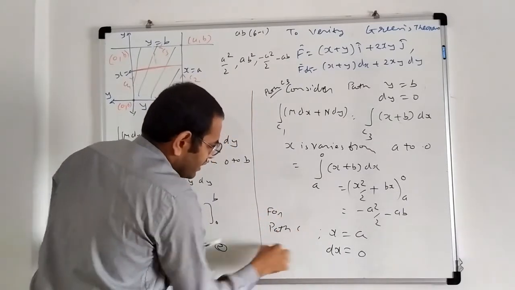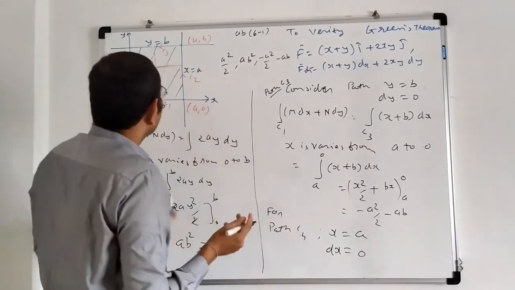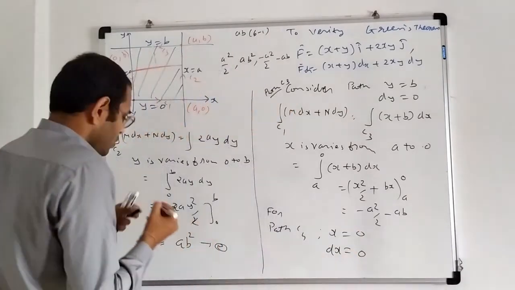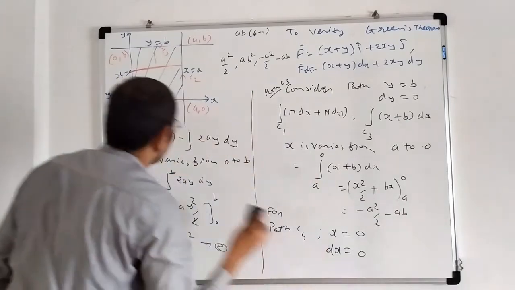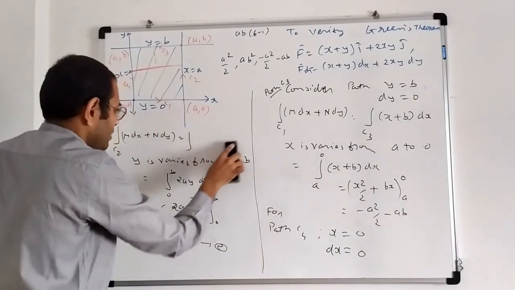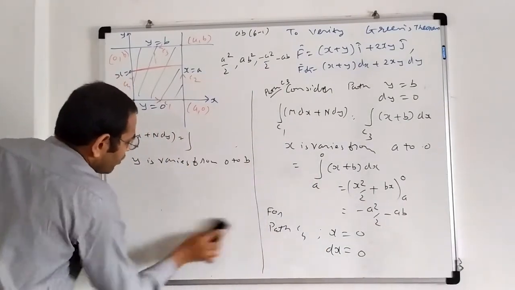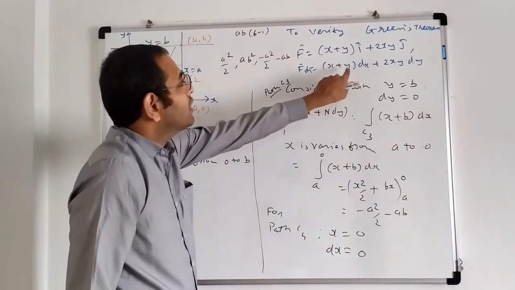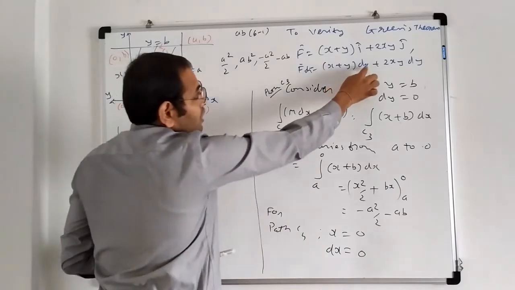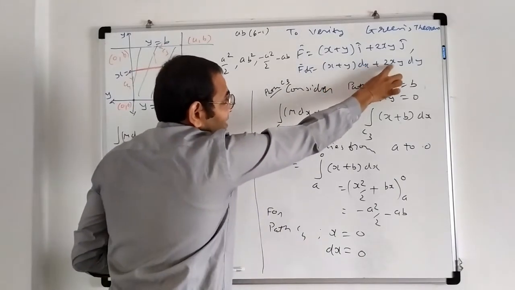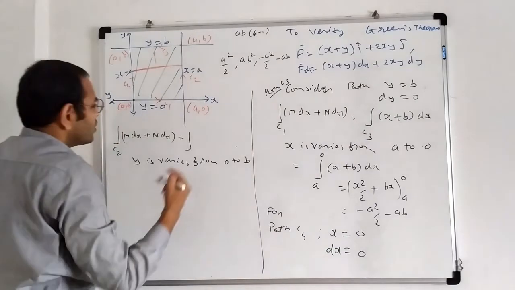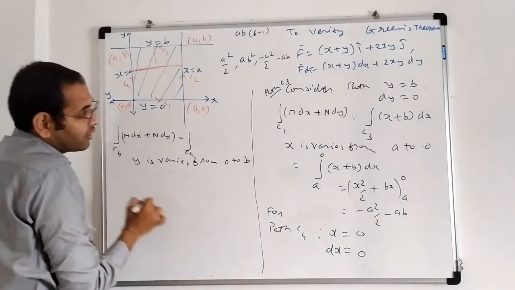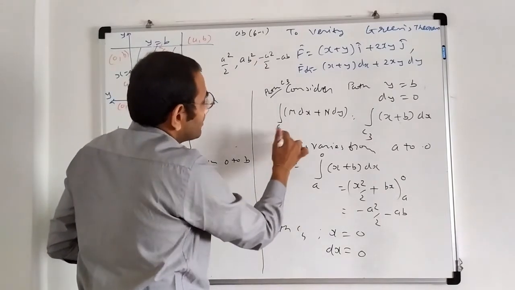Now path 4, C4: x equals 0, then dx equals 0. According to this path, substitute this value in the equation. dx equals 0, then 0 into anything is 0. Here x equals 0, then 0 into anything is 0.